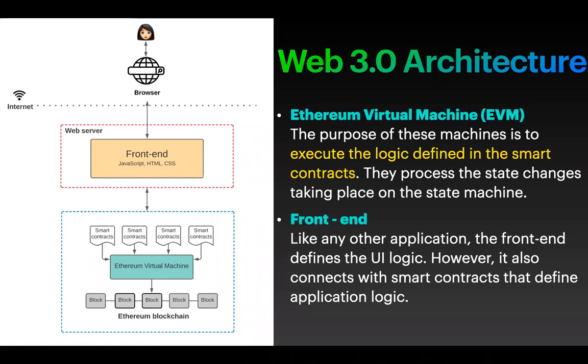Those things are avoided here. And then the final thing is front end development. Of course, we have discussed this many times. It connects to the smart contracts with the help of the Ethereum virtual machine.